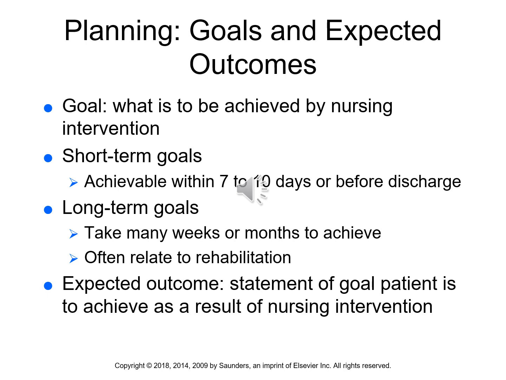So give a time frame, because it should be measurable. We can measure if by Friday they are able to lift 5 pounds. If by Friday they're only able to lift 1 pound, then they haven't reached that goal. Our goals should be measurable, things that we can measure.